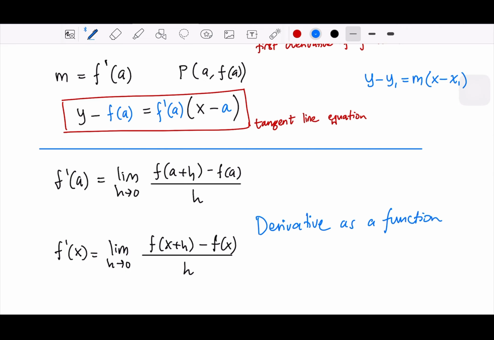There are some examples for the tangent line, but I will skip that for now. We'll focus on the concept first. And the tangent line will be very simple if we know how to differentiate, right?